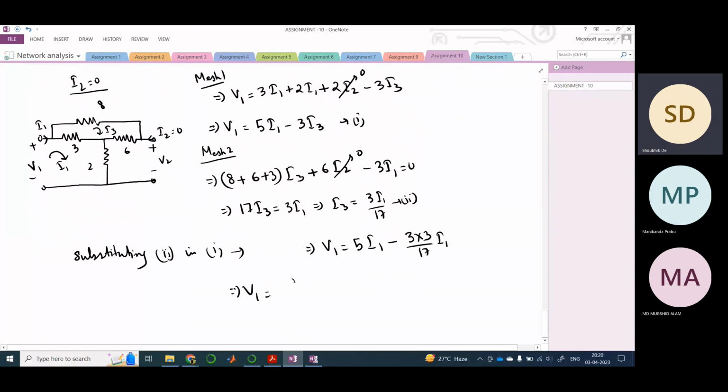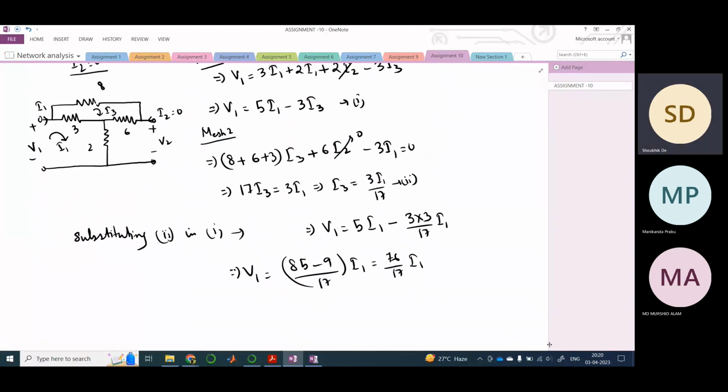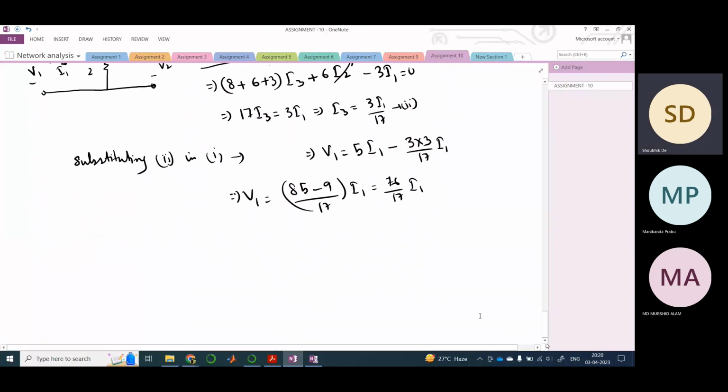So this one would be 85: 17 into 5 is 85, minus 9 I1. So this is 76 by 17. So V1 by I1, that is Z11, is 76 by 17 ohm.